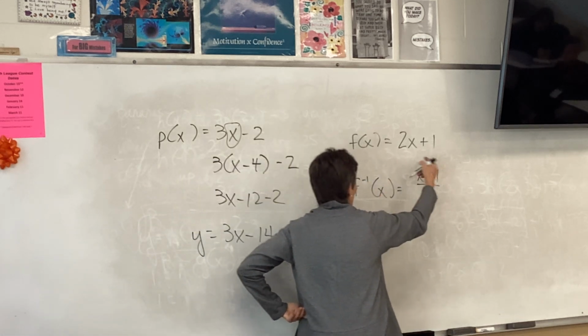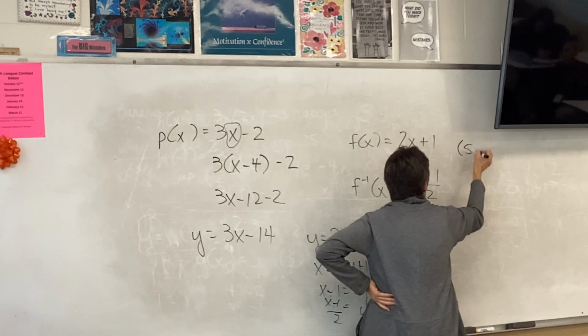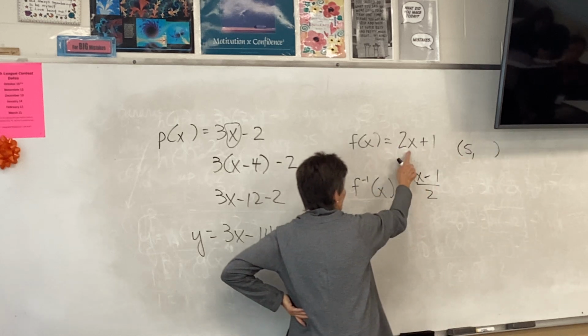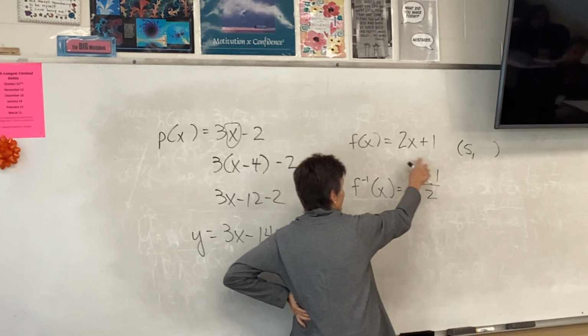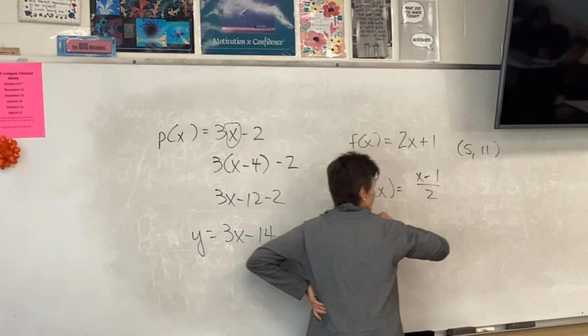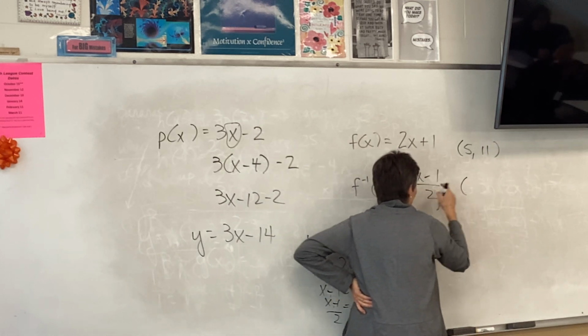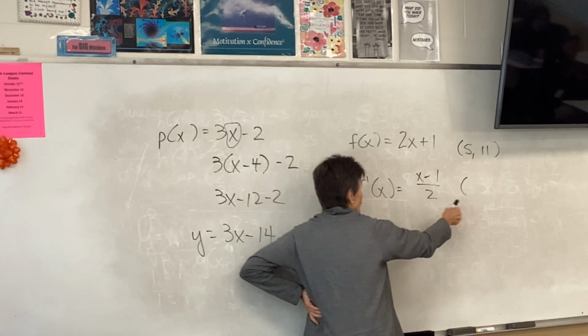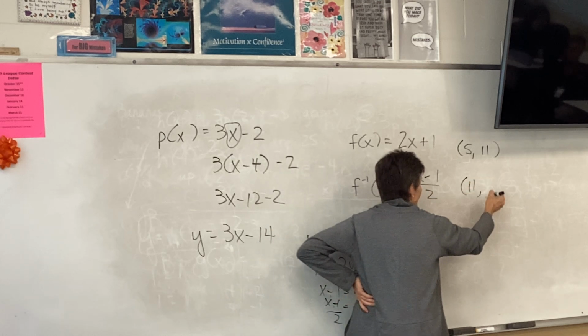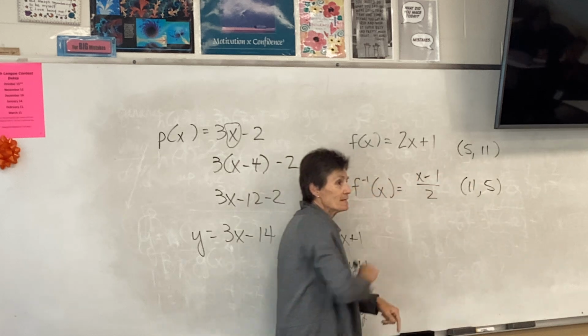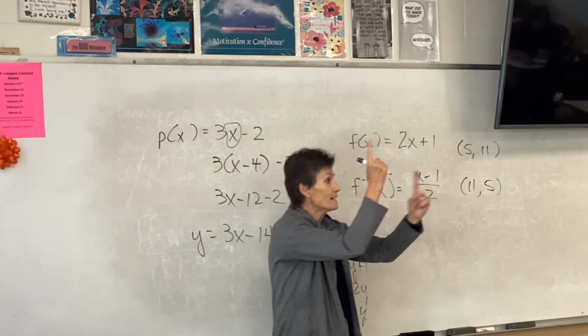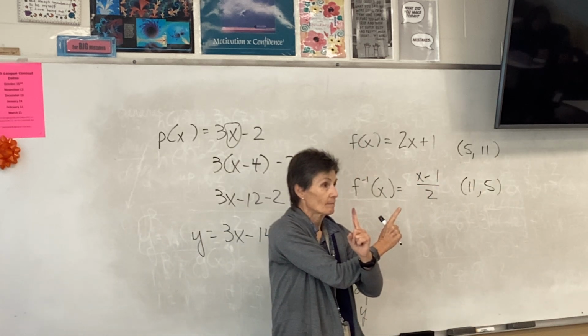Let's go ahead and put the 5 in. What happens if I let x be 5 in the original? I get 11. What happens when I put 11 in the inverse? I get 5. That's what it means to be an inverse. Y and x undo each other.